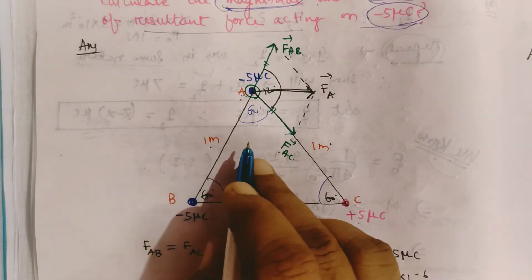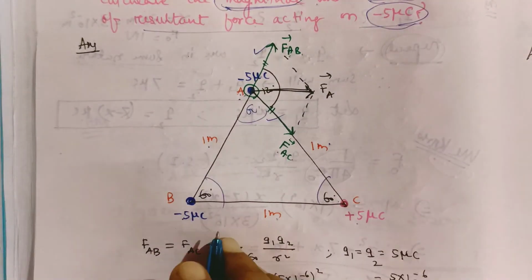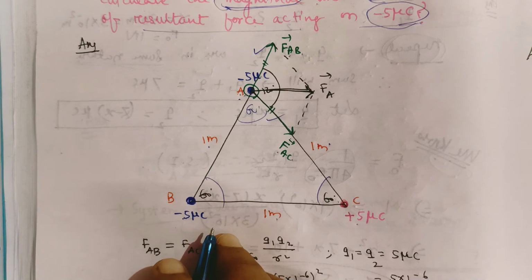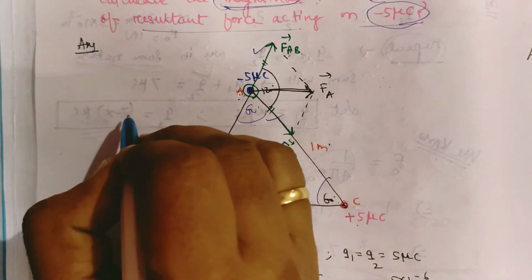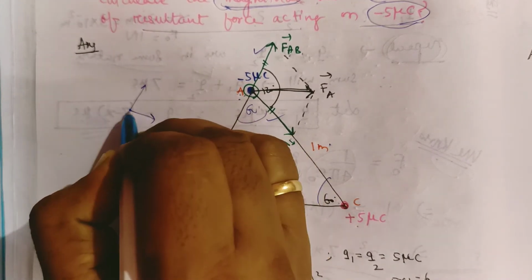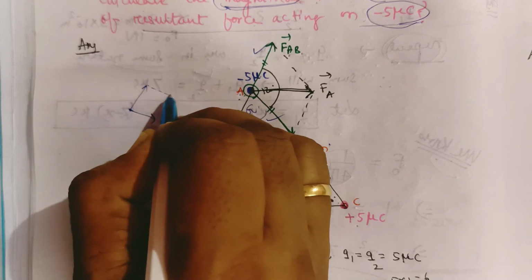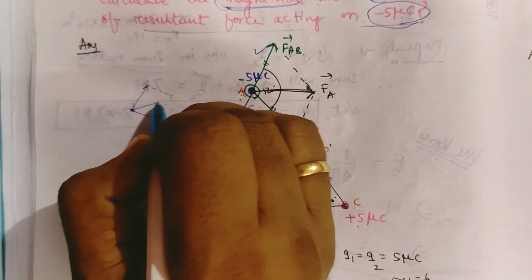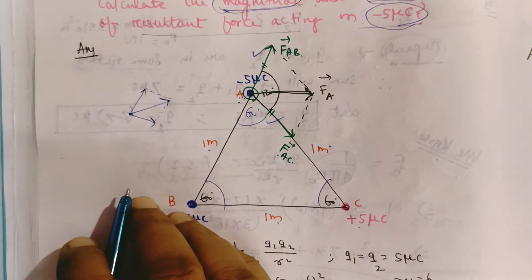Now we have to calculate net force. Two forces are given. Before going to calculation of magnitude, I put the diagram here. In vector, you know that if at a point two vectors are acting simultaneously from the same point, you can calculate the resultant force by its diagonal.